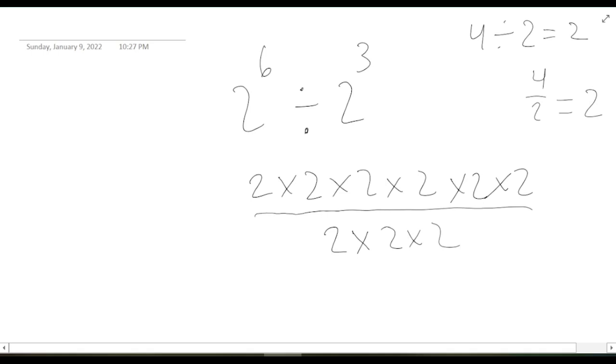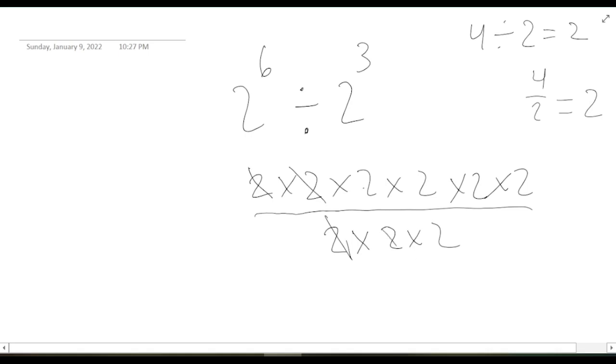Great. So now that we have our exponent division problem written as a fraction problem, we can actually eliminate the 2's. So anytime you eliminate a 2 from the top, you can eliminate a 2 from the bottom. So let's cross this out, right? Because when you have a fraction where you have 2 over 2, that's going to equal 1. So 2 divided by 2 is going to equal 1, so let's cross that out. 2 divided by 2 is also going to be equal to 1, so we can cross that out.